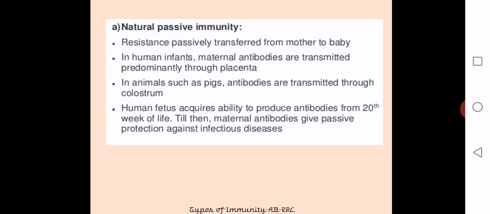In both these examples, the immune system of the recipient doesn't play any role; rather, ready-made antibodies are transferred, and they provide protection until they complete their life cycle. So this is what we see in natural passive immunity.